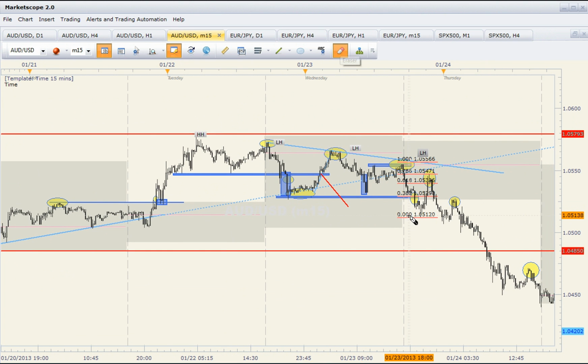Let me clean this up. I'm just going to get rid of that. I'm going to focus on these higher highs, lower low, lower high, lower high, lower high, and what does it really mean?